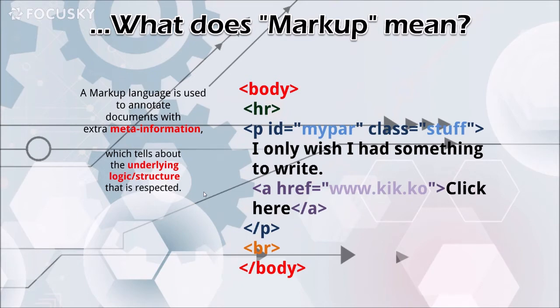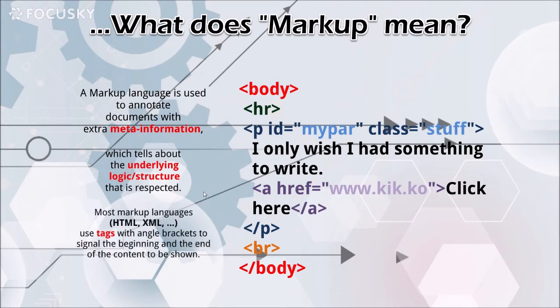Mind that this meta information is not supposed to be shown to the user who is using the browser, but rather to be processed by a markup language parser in order to properly display the content of the page or document. And most markup languages, such as HTML, XML, and so on, use tags with angle brackets as meta information to signal the beginning and the end of the actual content to be shown.